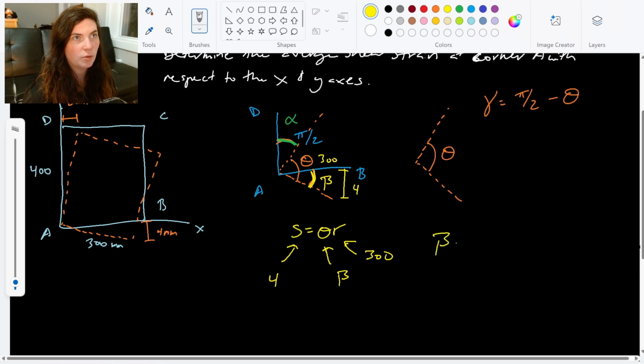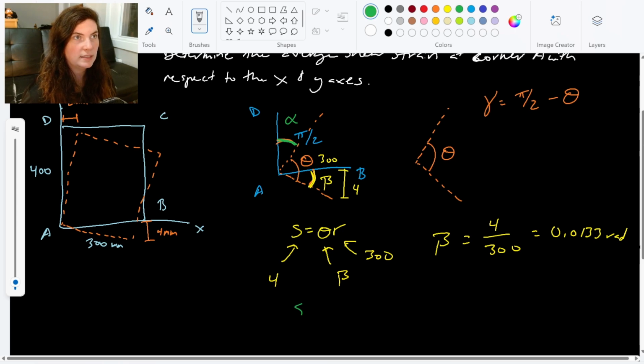So to find angle beta using this small angle theory, beta is going to be 4 over 300, which when I punch that into a calculator is 0.0133 radians.